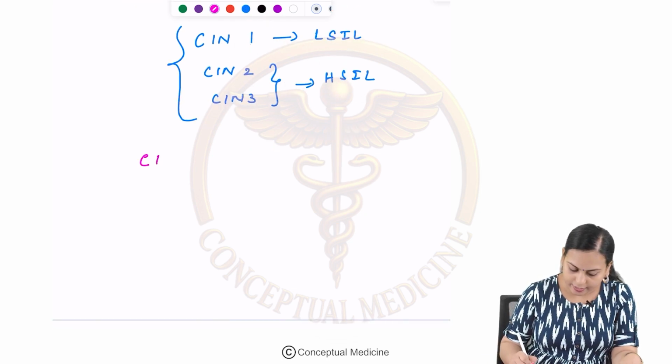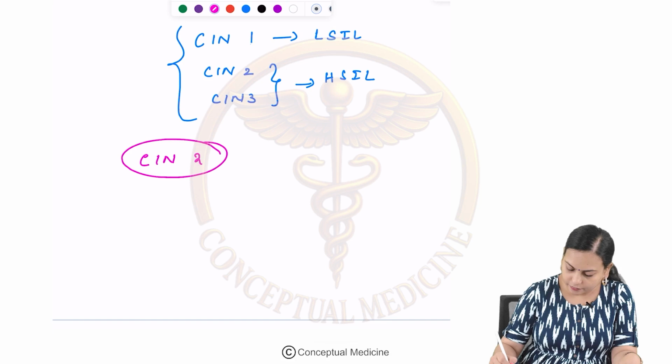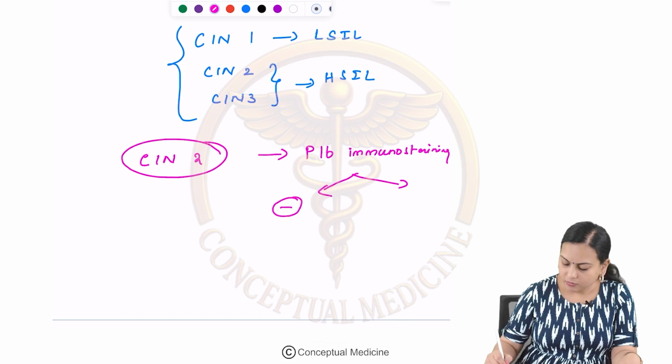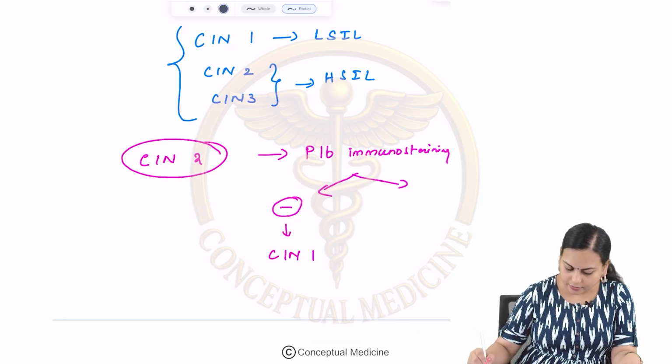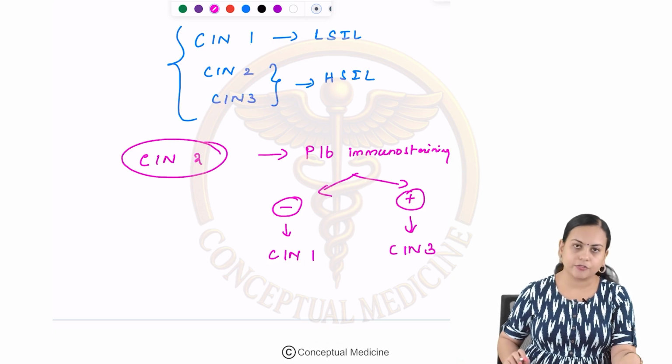The diagnosis of CIN 2 is often not by absolute criteria. We can use P16 immunostaining to differentiate this. If P16 is negative, then it will go under CIN 1. If P16 is positive, then we can treat them as CIN 3.